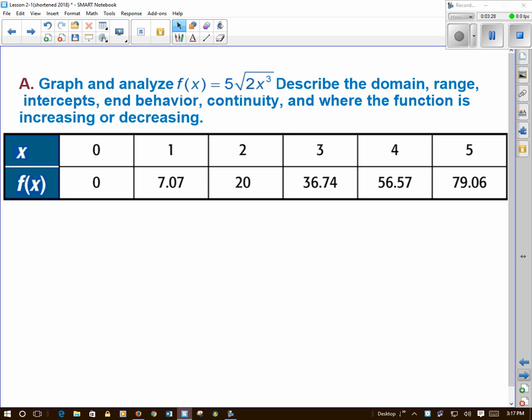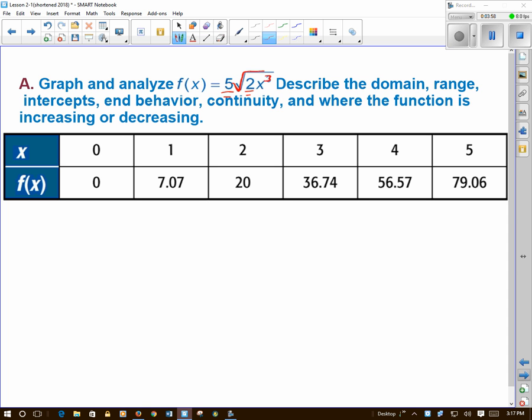There are a couple of things that are going to affect this graph, the 5 and the 2. If we talk about our transformations, the 5 is an a value, so that's taking all of the a's and stretching them. And the 2 is a little troublesome because we have this square root going on, and then we have the cube. So we have two different things going on there.